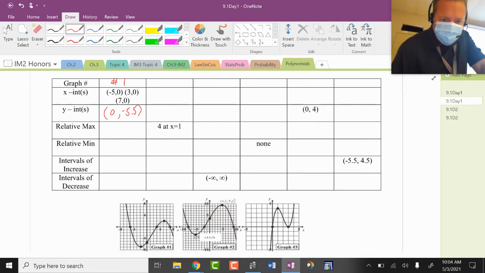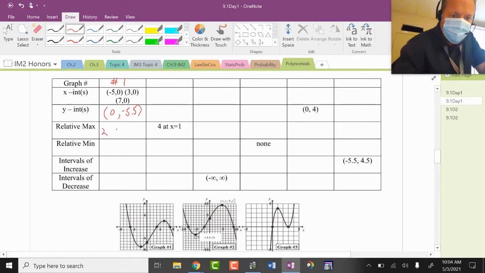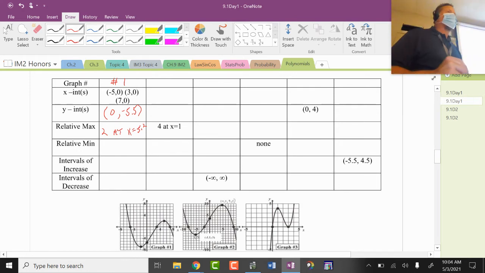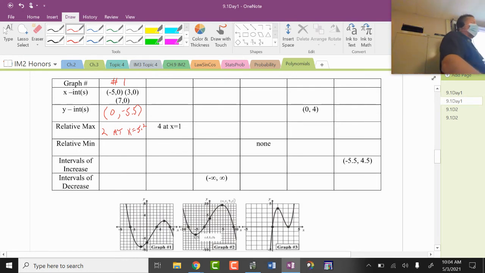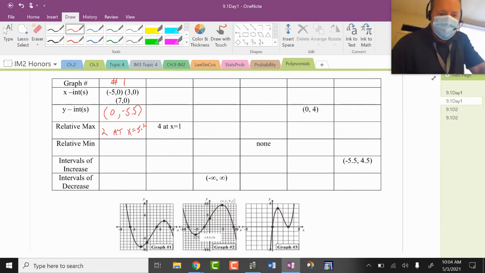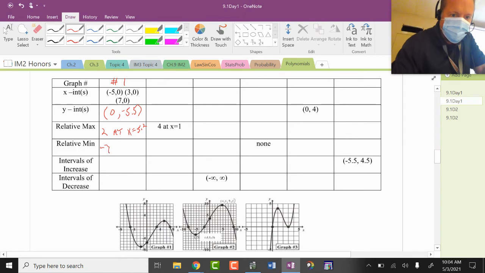I don't know. So it is 2 at x equals 5.2. So that's how we write that real short in there. Doesn't it look like it's a little bit off? It's not right at 5, right? So we'll do the best we can. And then the minimum looks like it's at -1.7, right? And it looks like that's a decimal again, like x equals -1.8 maybe.